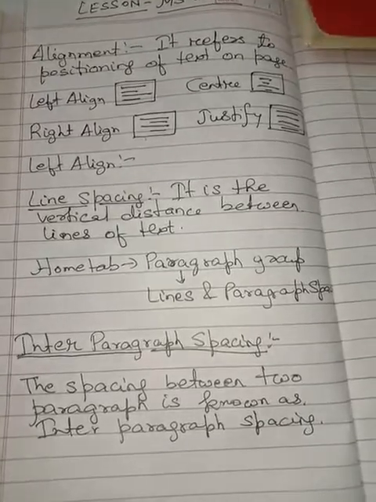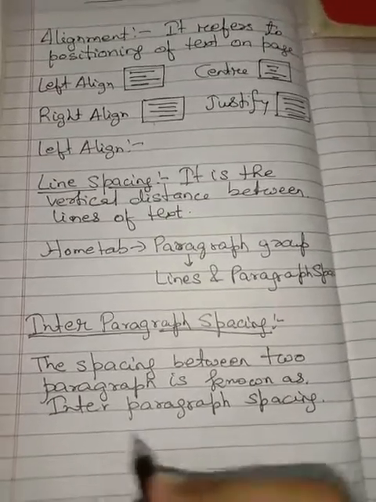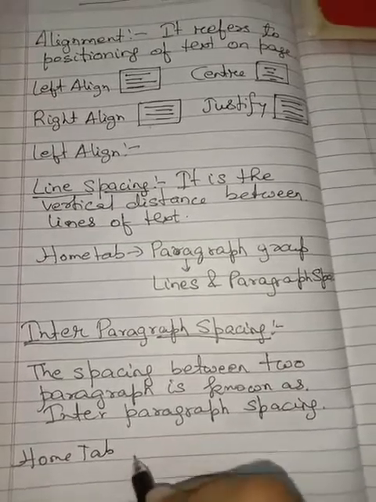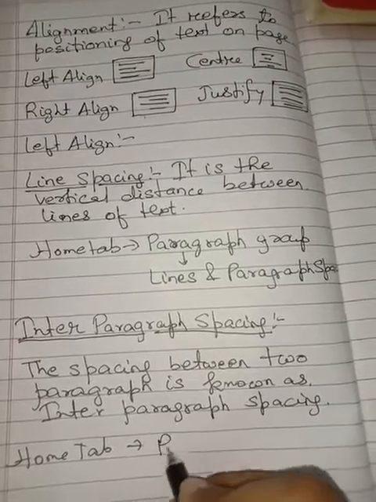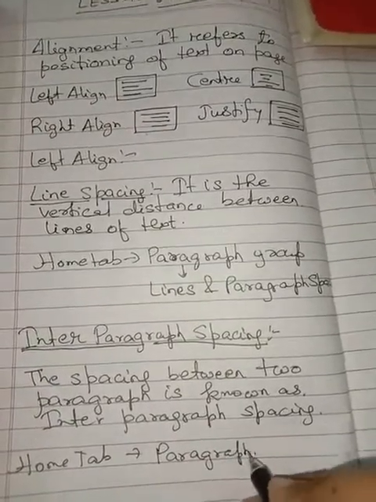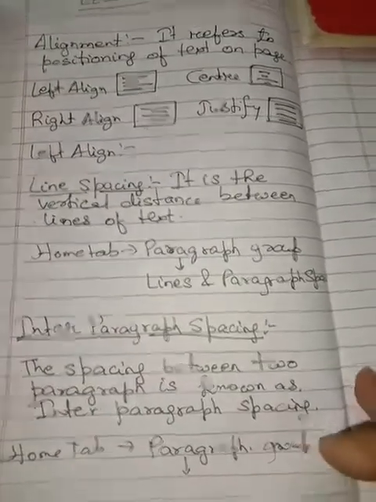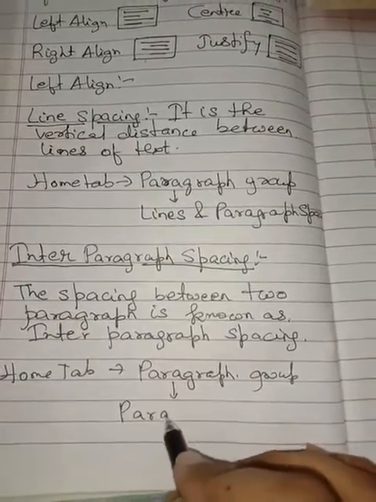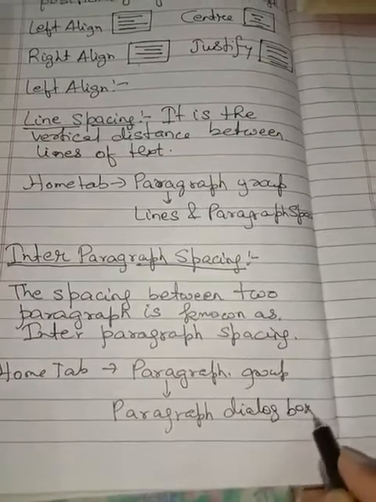First of all, select the paragraph whose spacing is required. Now move to the home tab. From the home tab, click on the paragraph group, and from the paragraph group click on the paragraph dialog box launcher.